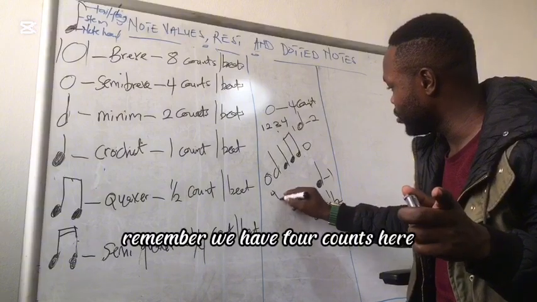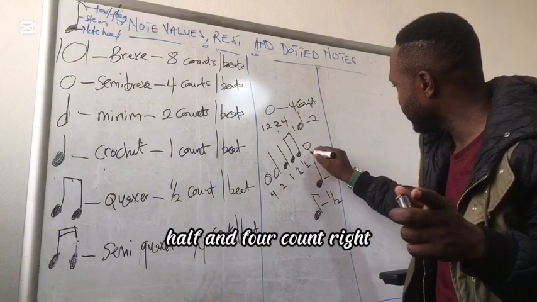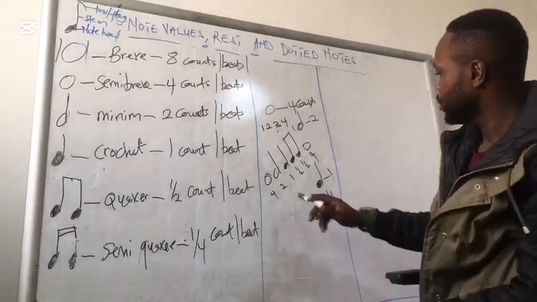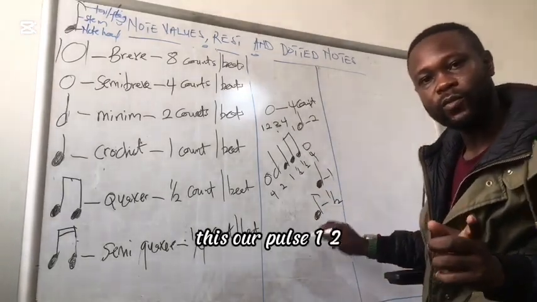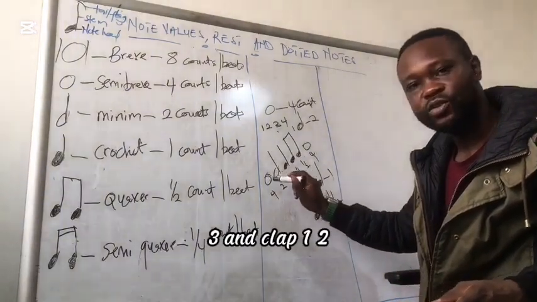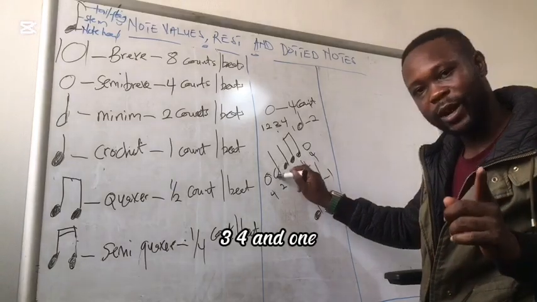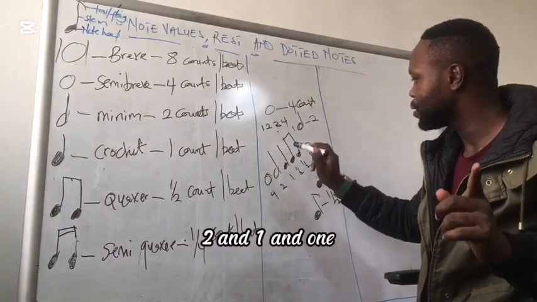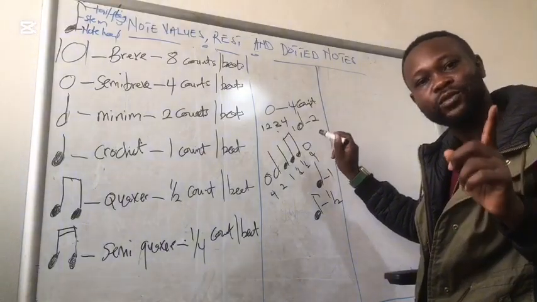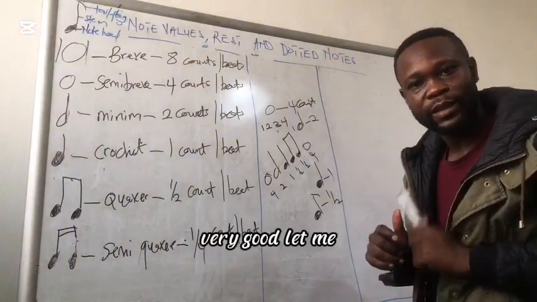Remember, we have 4 counts here, 2 counts here, 1 here, half, and 4 counts, right? We are going to try it. This is our pulse. 1, 2, 3, and clap. 1, 2, 3, 4, and 1, 2, and 1, and 1, 2, 3, 4. Very good.